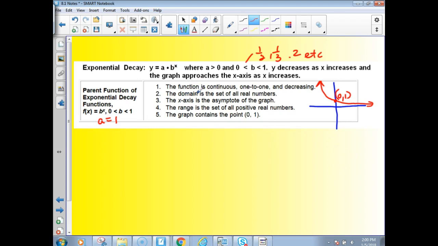That's what that looks like. It's got the same idea as far as the domain, negative infinity to infinity. The x-axis is the asymptote, which means it never touches the x-axis. The range is again all positive real numbers, 0 to infinity. And the graph contains the point (0, 1). Remember, again, this has an a value of 1.